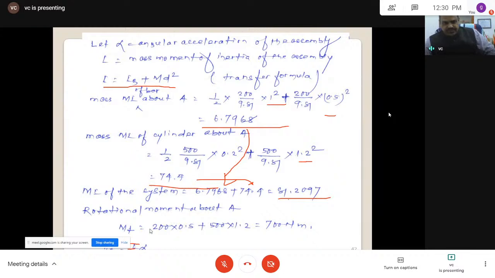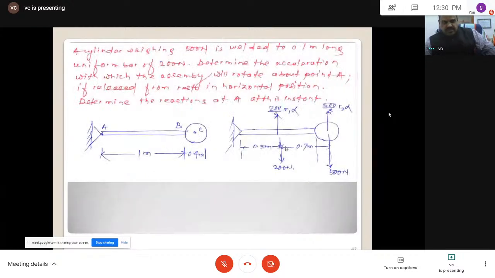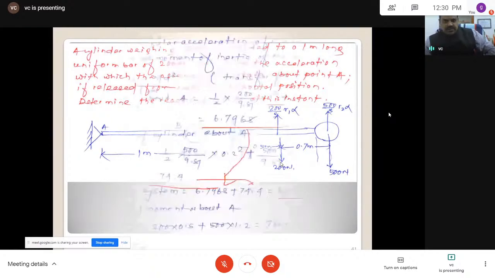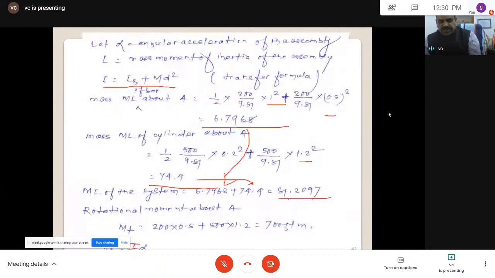The moment we have to take is equal to I alpha. I is this, alpha you have to find, and this is the moment. The moment about this point is the weight times the perpendicular distance, for each mass. That is 1.2 into this 0.5 into 200. So this is how we will consider it, 700 newton meter.